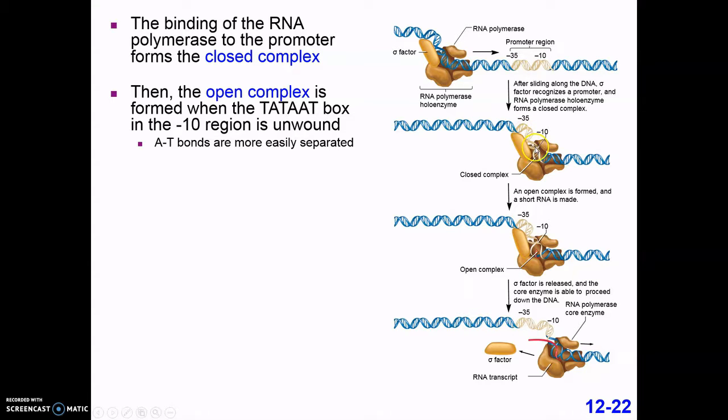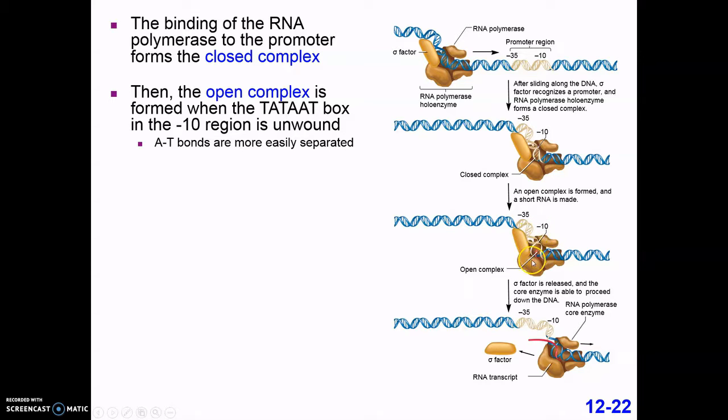At this point, the DNA is closed, or still wound up in a helix. So we call this the closed complex. But this pausing activity allows the machinery of the RNA polymerase to act on the DNA, opening it up, creating an open complex.